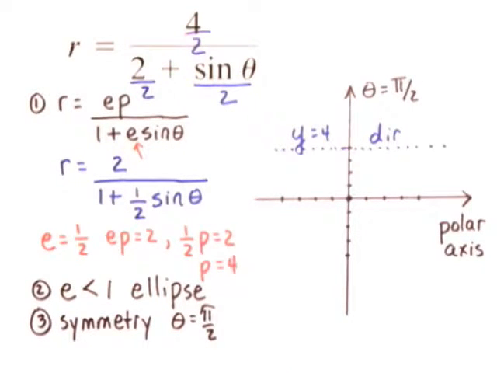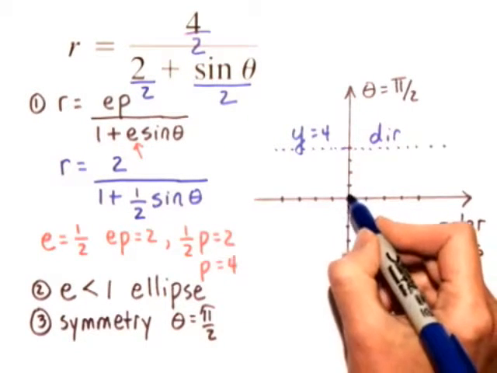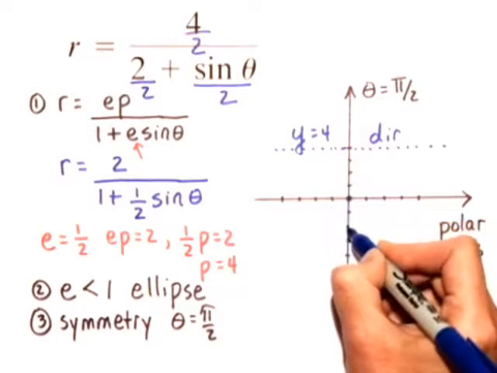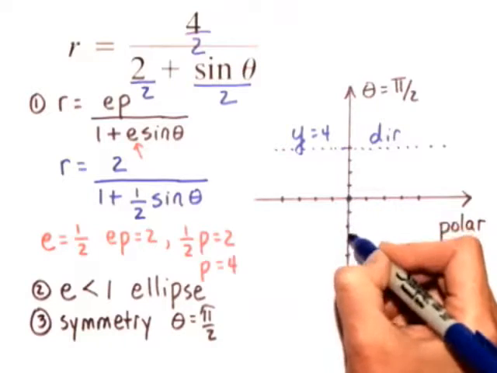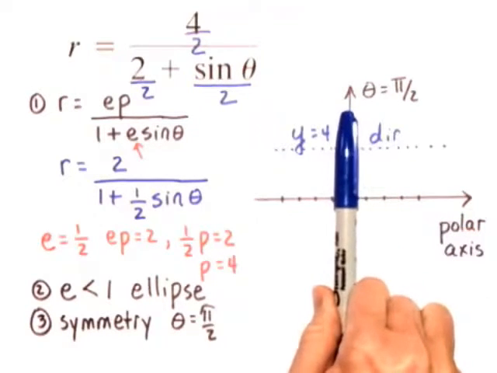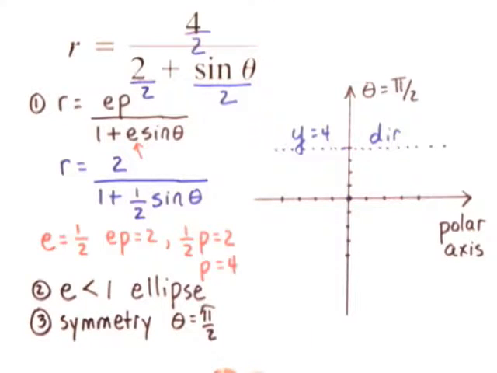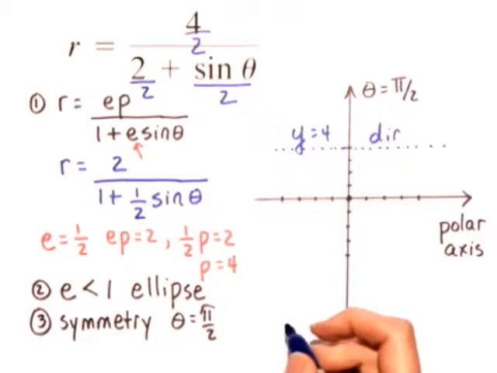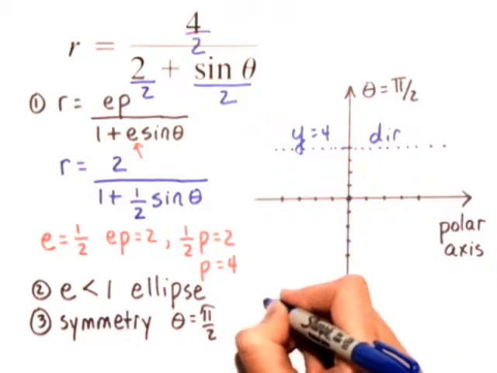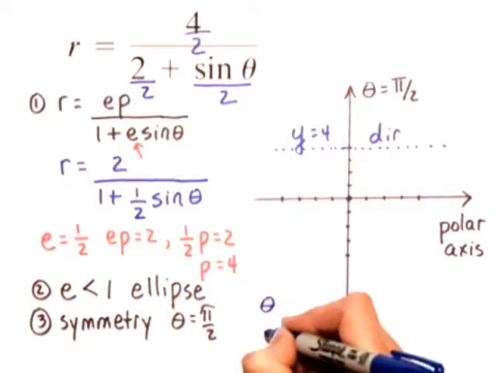And we know that we can simply choose the value of theta equal to pi or theta equal to 3 pi over 2, and we'll find out where the ellipse is along its major axis, which is the y-axis, or the line theta equals pi over 2. So let's let theta equal pi over 2 to find the first vertex. We'll make a little chart here with theta and with r.